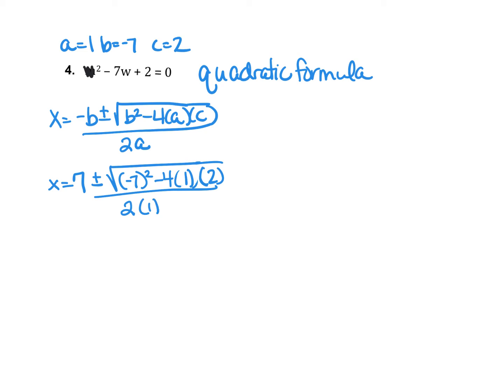And remember, do this piece first. All right, and so once you get done solving, you'll have w will end up equaling 0.3, and w will also equal 6.7.